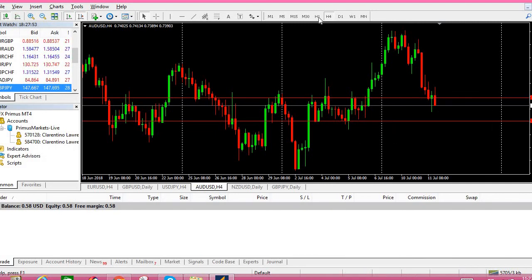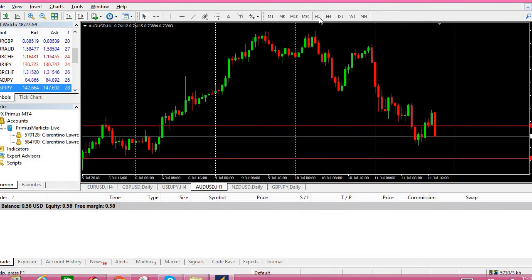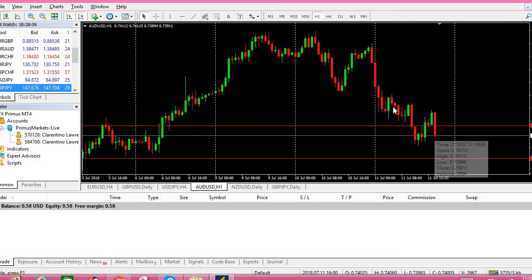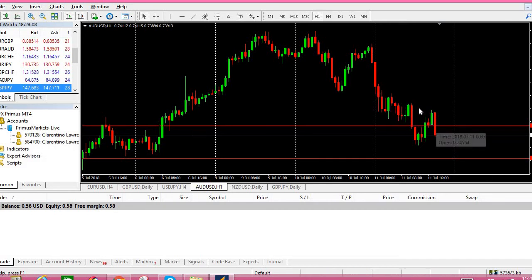So now let's have a look at the 1-hour chart. Today the price went up, went down, and went up and down once again, meaning right now there is a strong selling momentum. The sellers are pushing the buyers downwards, even though there was a move going up.